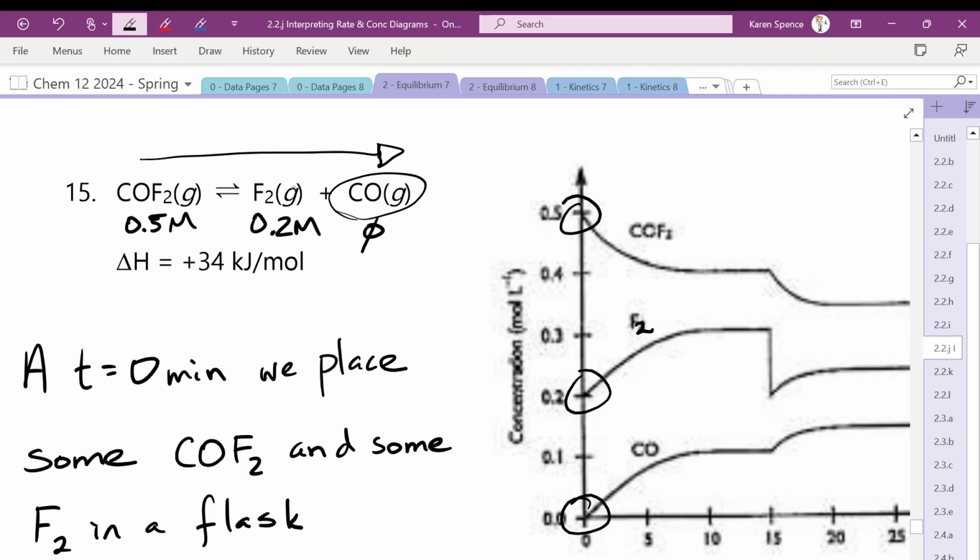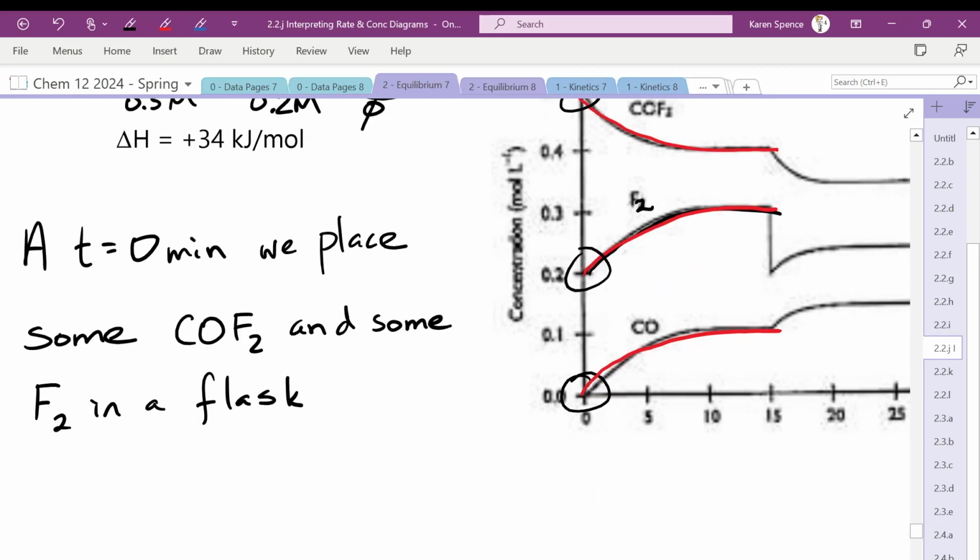I have to be making F2 and CO. And so, what do I see? I am making F2 and I am making CO. And I am using up COF2. So at time 0, we place some COF2 and some F2 in a flask.